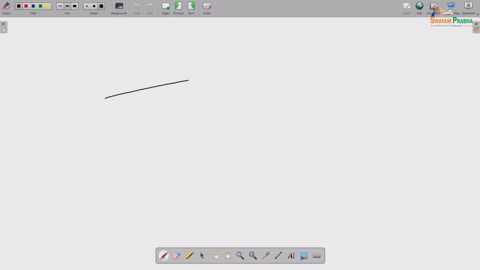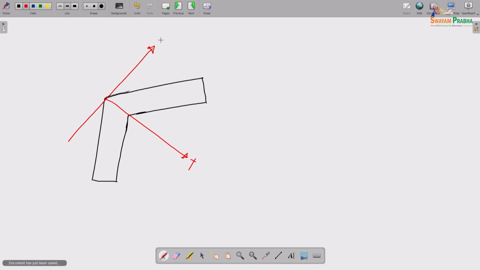So this is your x, that's your y, and this is your z. So swept wings is something like this.